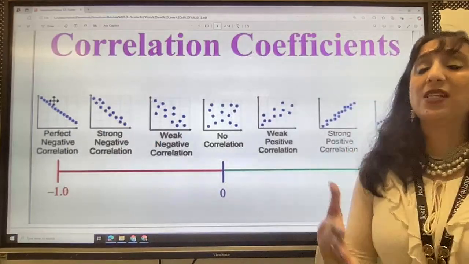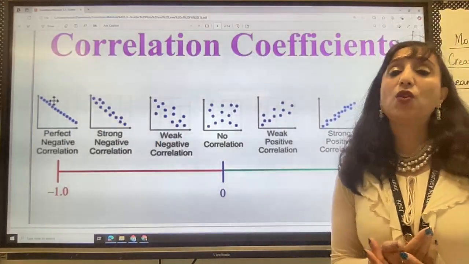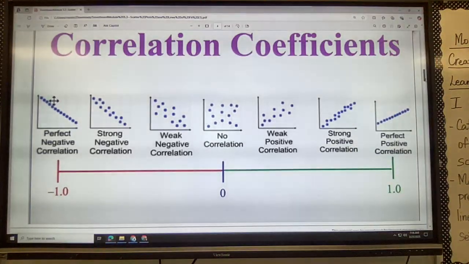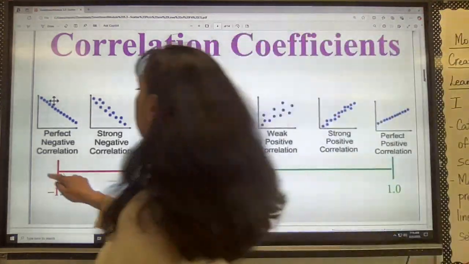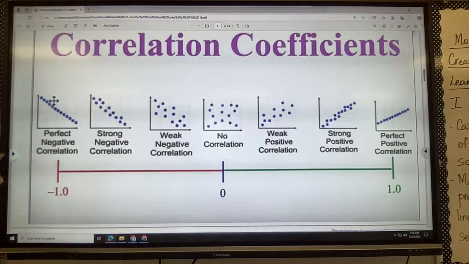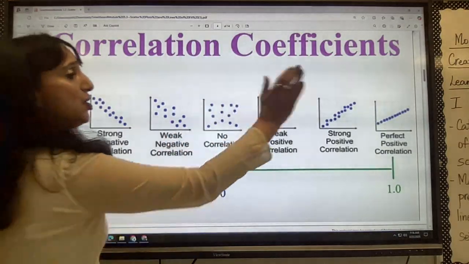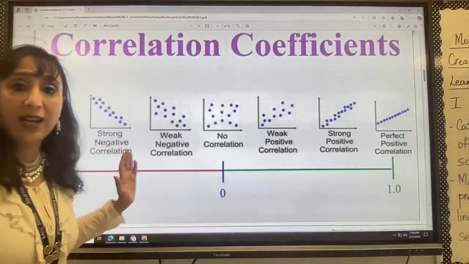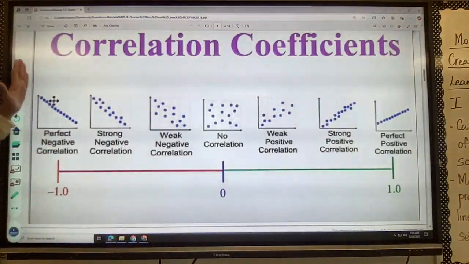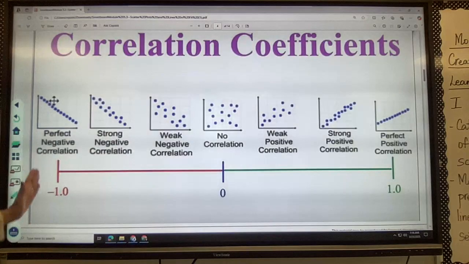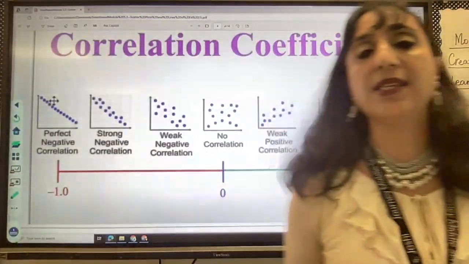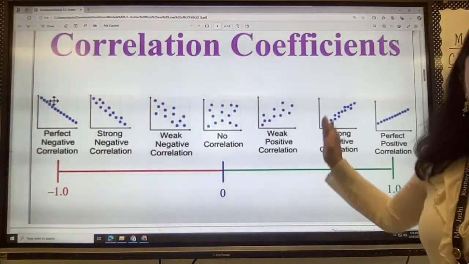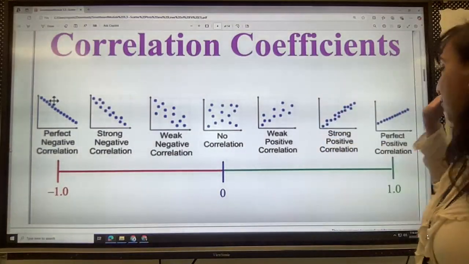Okay, so there's a certain rule that applies to correlation coefficients. It falls from -1 to 1. -1 is the strongest, perfect negative correlation, and 1 is the perfect positive correlation.